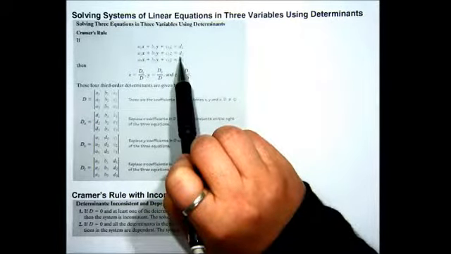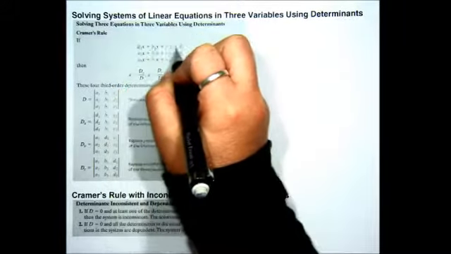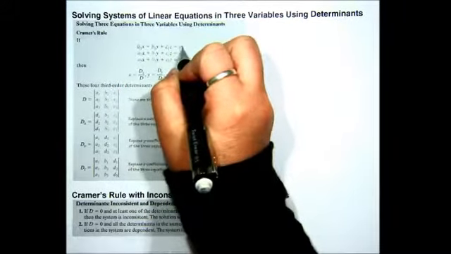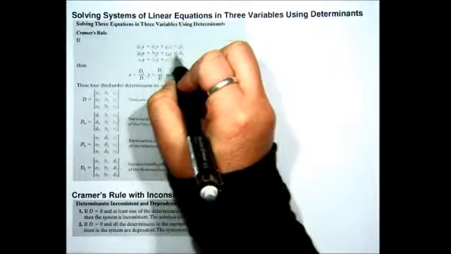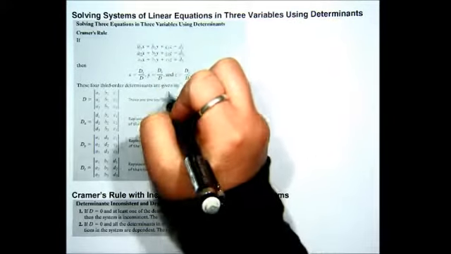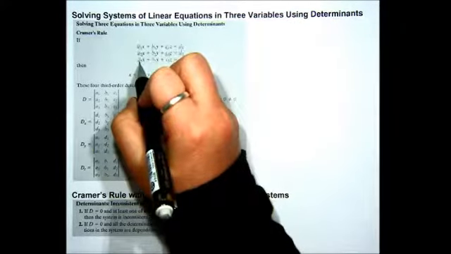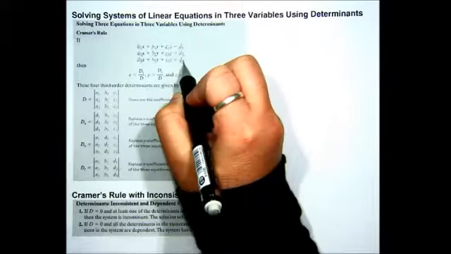What we do is we simply say, the first equation, there's an a1, a b1, a c1, and a d1. The second equation, we have an a2, because it's the second equation, b2, c2, d2. The third equation, we have an a3, a b3, and a c3.